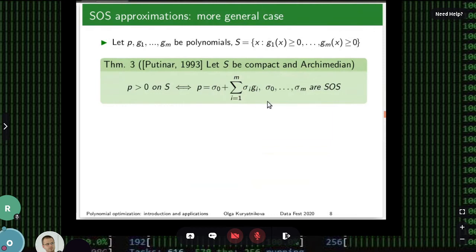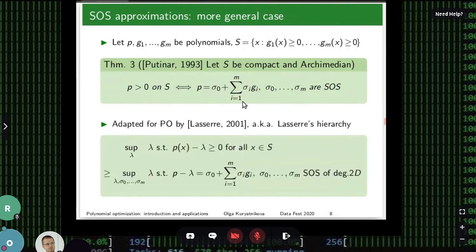And the additional term consists of some other sums of squares multiplied by our polynomials, which define our constraints. So as a result, as long as these g_i are non-negative, this whole product is non-negative, and this whole term is non-negative. So again, this whole thing is always non-negative on S.